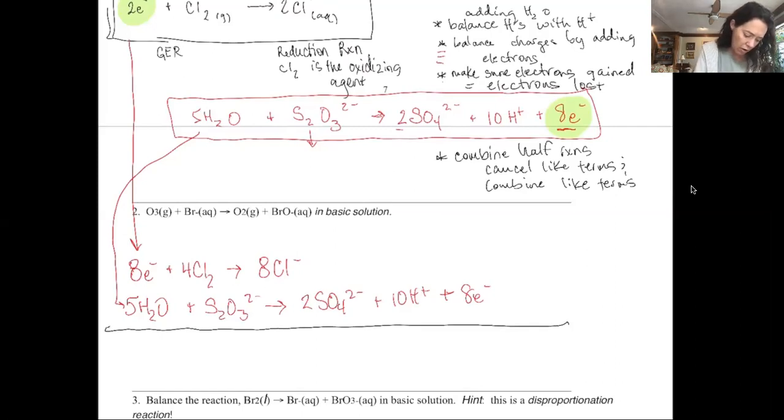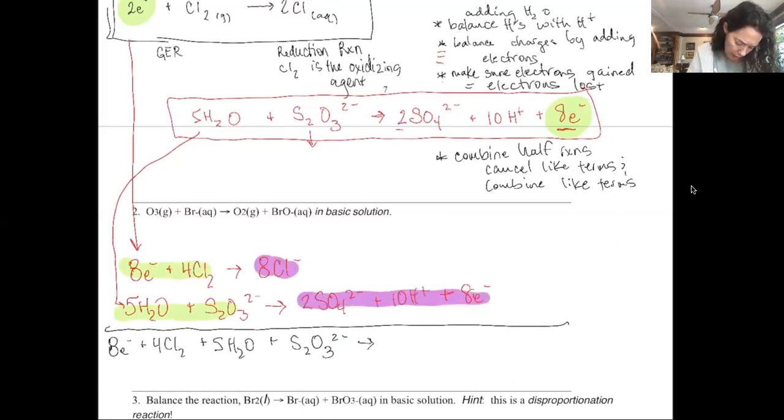I'm going to bring all of my reactants down. Right? 8 electrons plus 4 chlorine plus 5 water plus, I think that's thiosulfate, yields. Let's put all of our products over there.